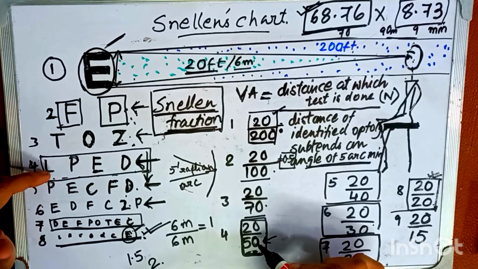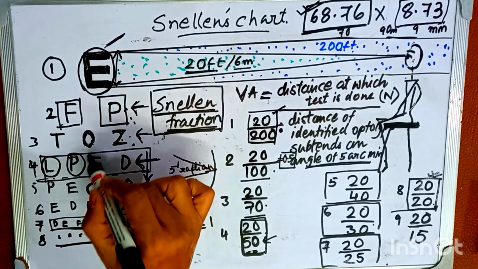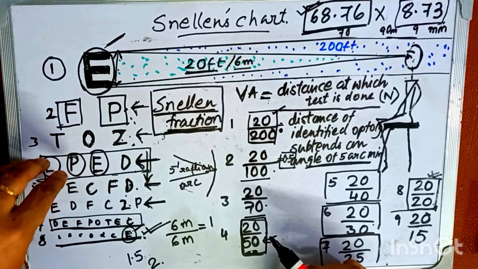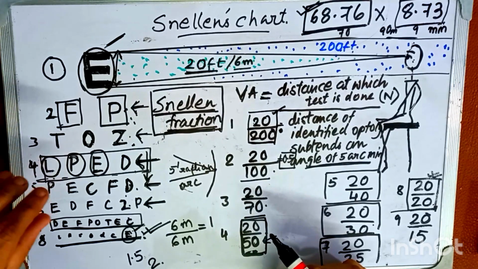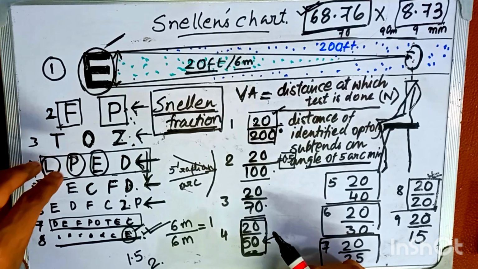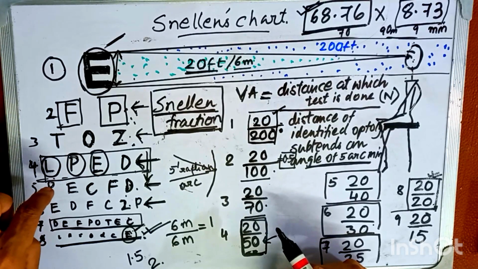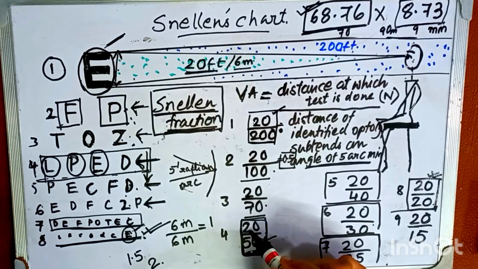In this fourth line, these optotypes will subtend an angle of 5 arc minutes in the eye when the subject is standing at 50 feet away from the letters, and he can read up to this line. So the numerator is 20 because he was standing at 20.